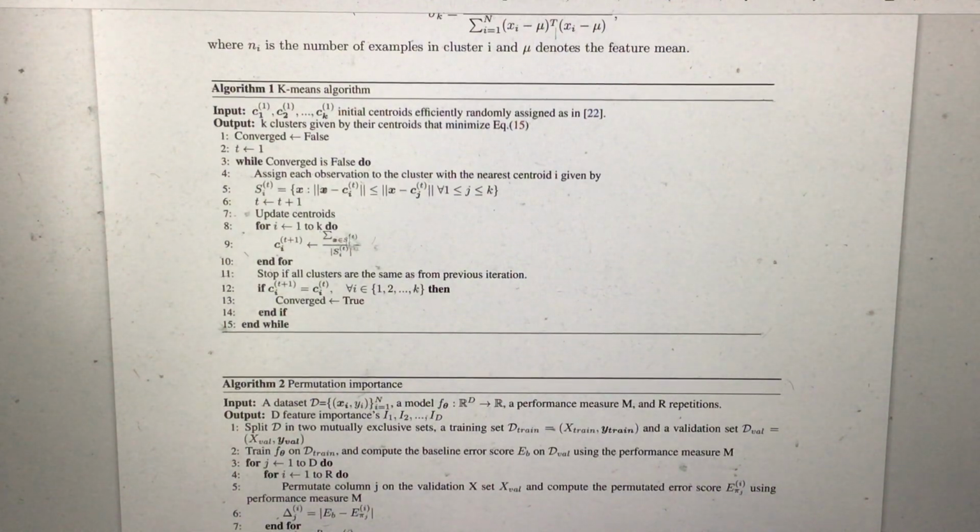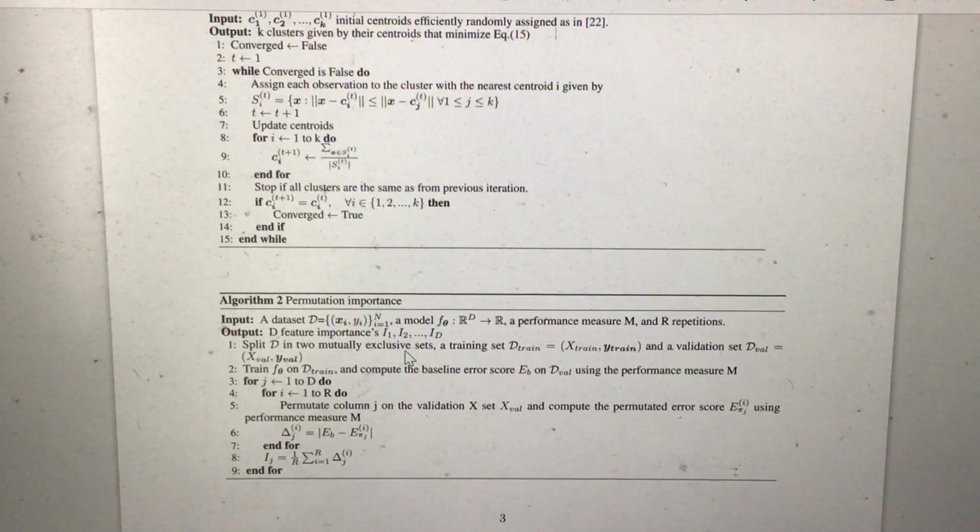If c_i at t plus 1 equals c_i at t, we stop. Otherwise, we do this loop again, until c_i at t plus 1 equals c_i at t, and then we find the k centroids c_1 to c_k. So this is how k-means works.